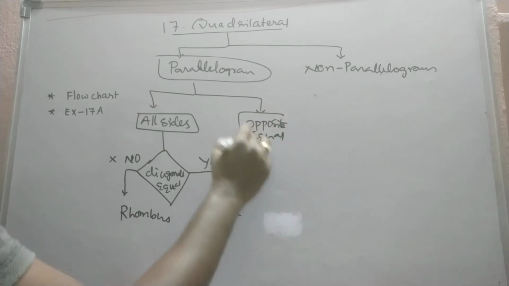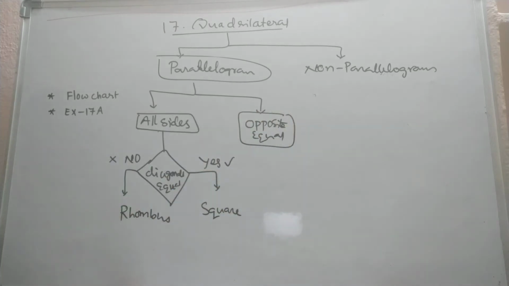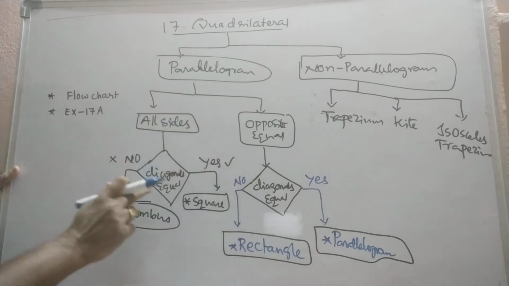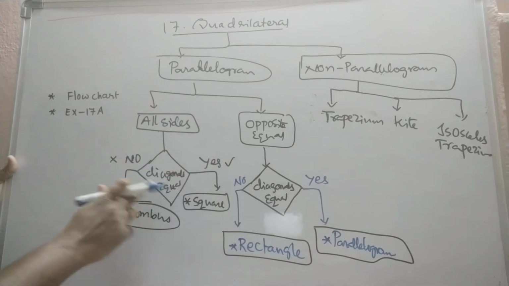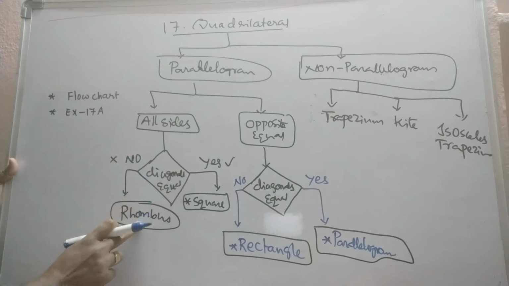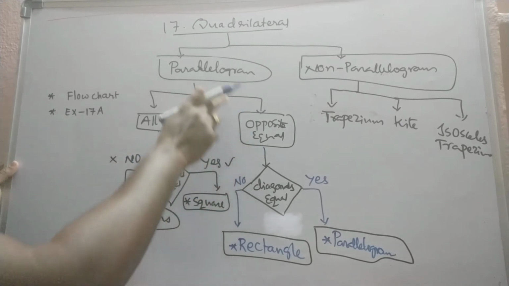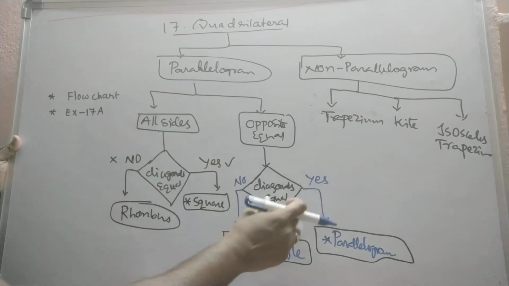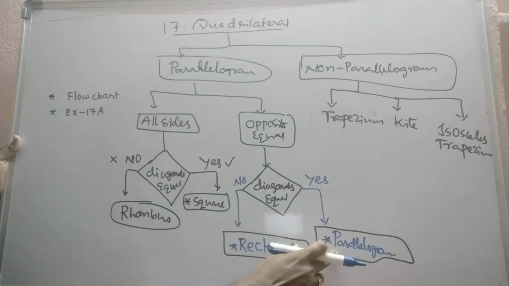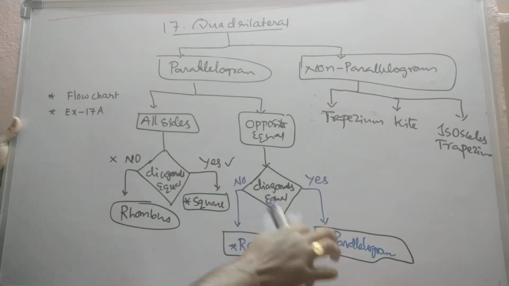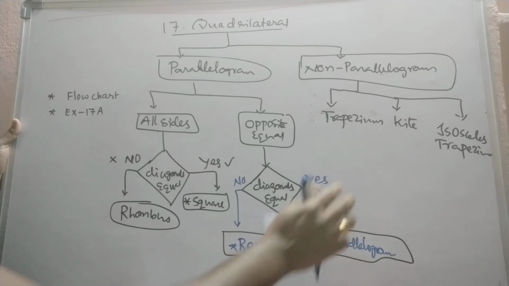Now if only opposite sides are equal, let us see the full flow chart. If all the sides are equal and the diagonals are equal, the condition is satisfied, it is a square. If the diagonals are not equal, it is called a rhombus. And in a parallelogram, if opposite sides are equal and diagonals are equal, it is called a rectangle. If the diagonals are not equal, it is a parallelogram. Generally, in any parallelogram, the diagonals are not equal.